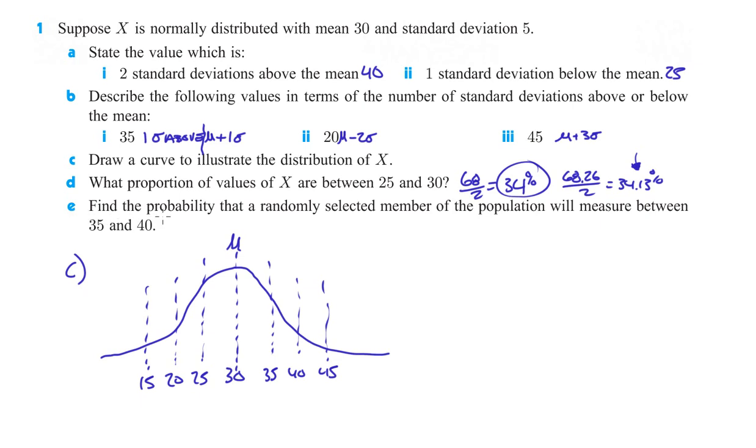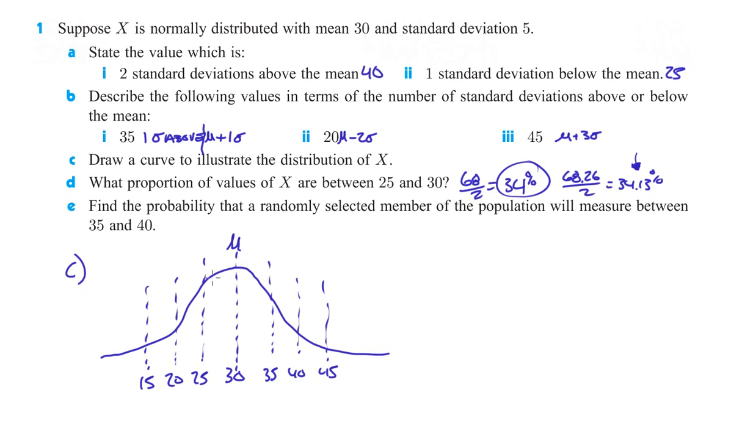Okay, so E, find the probability that a randomly selected member of the population will measure between 35 and 40. Okay, so in the notes that I gave you, we said 95% of the data is between 2 below and 2 above.